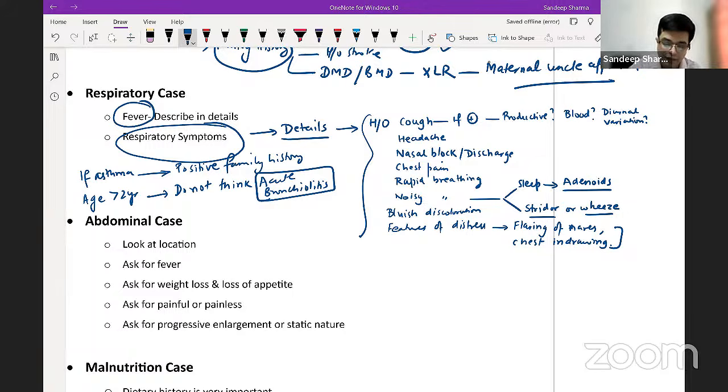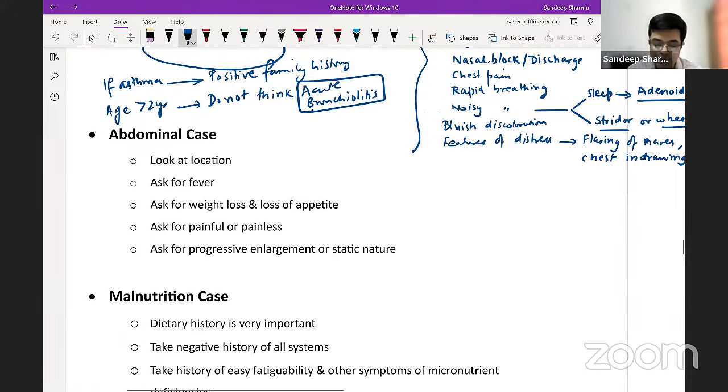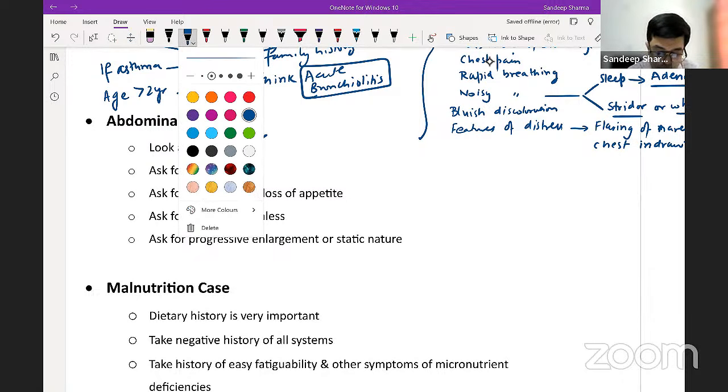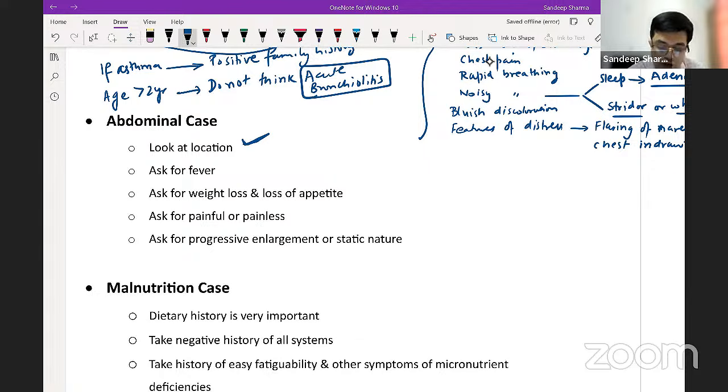Coming to abdominal case, many times you will get an abdominal mass, abdominal lump. So you will look at the location, what is the part of the abdomen where it is affected in the patient. When you mention location, don't use the word epigastric mass. The word epigastric mass will be used in examination.